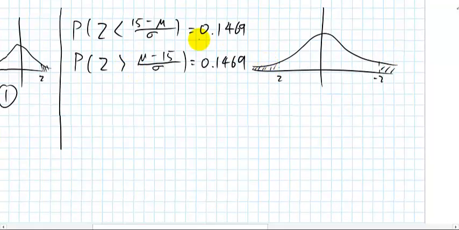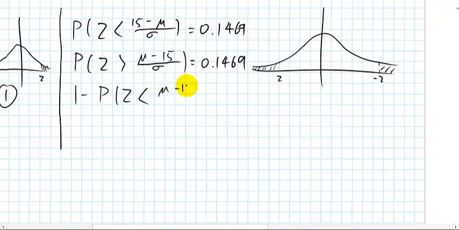So this is in a bigger than positive form now, but this is not a nice percentage that's going to be in the percentage table, so we'll have to change it using the 1 minus method. 1 minus the probability of Z being less than (mu minus 15) over sigma is equal to 0.1469.